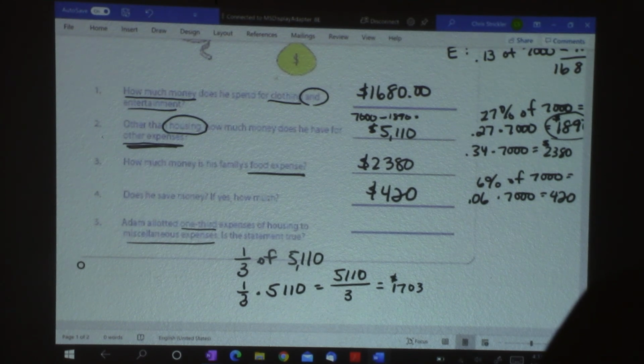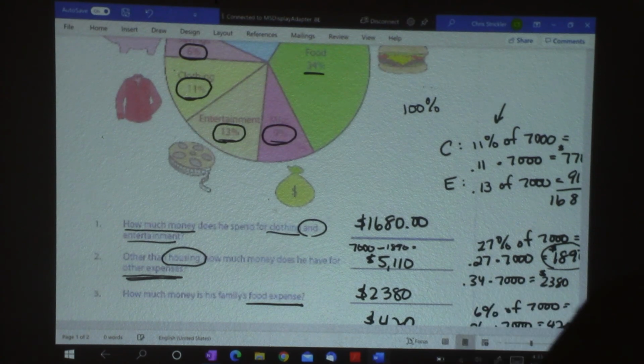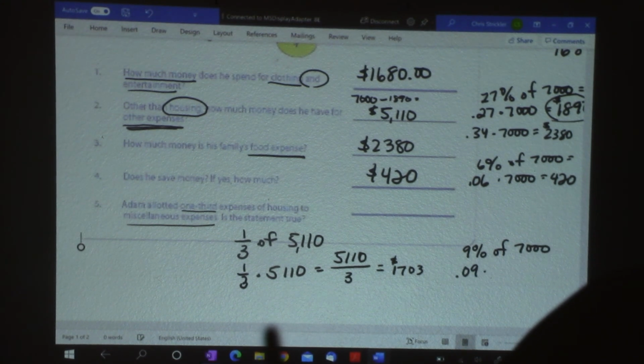Okay, well, let's check miscellaneous. Miscellaneous is 9%. So we also have to figure out what 9% of 7,000 is. That would be 0.09 times 7,000. I think it's not going to end up being true.